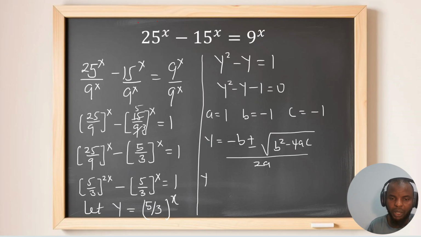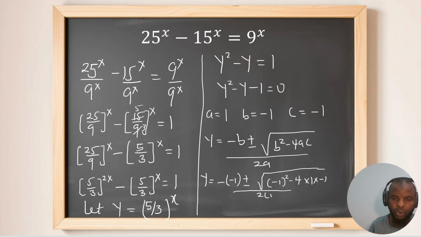Here y equals minus b, which is -1, plus or minus the square root of b squared, which is -1 squared, minus 4 times a, which is 1, and c, which is -1, everything over 2a, which is 2 times 1.